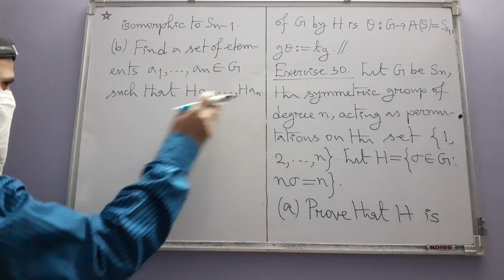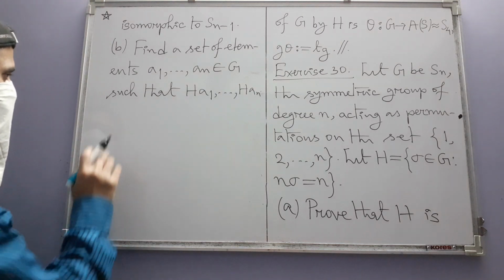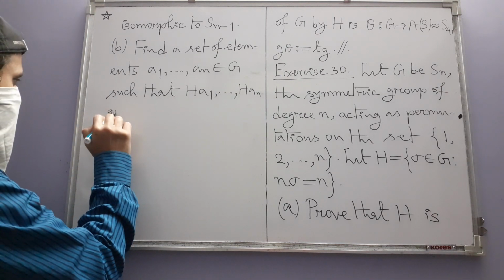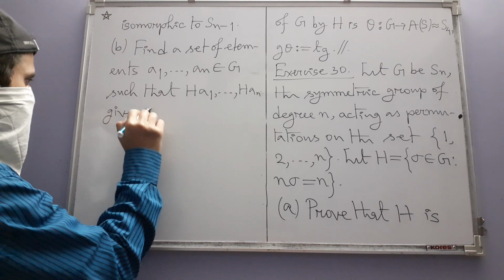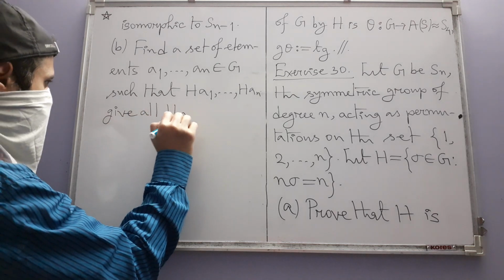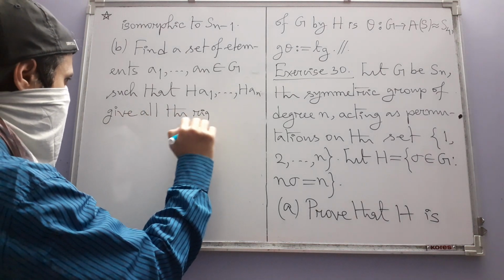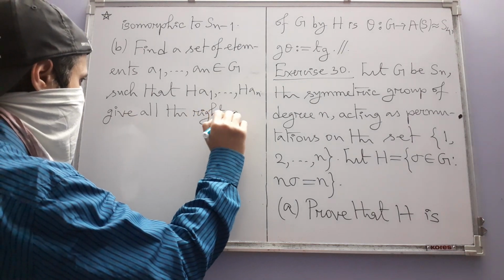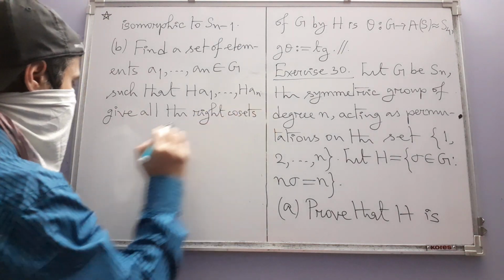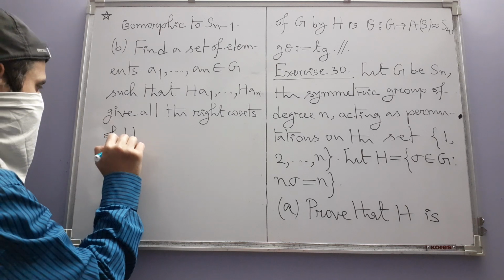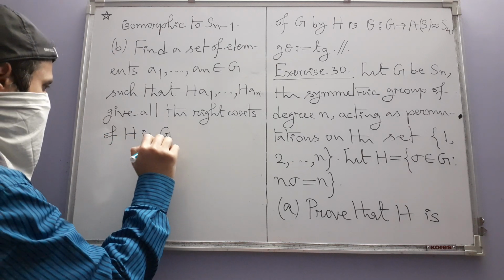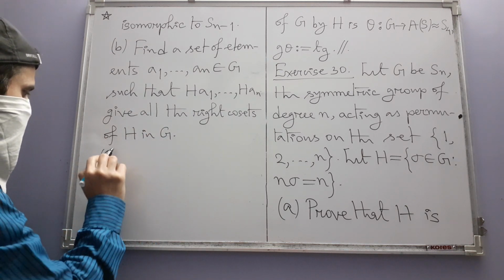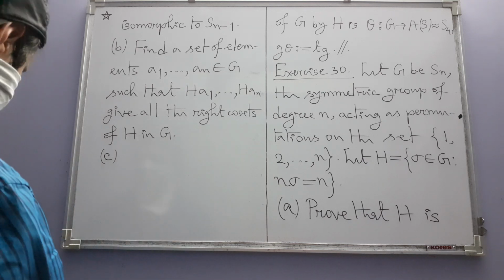That means this is the full list of all the right cosets. And the third one is the coset representation.